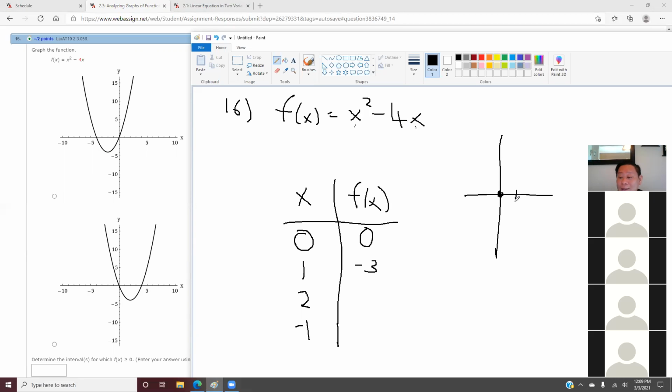So when x is 1, this is at negative 3. Plug 2 in here. What do you get? Negative 4. Plug negative 1 in here. What do you get? Negative 3.